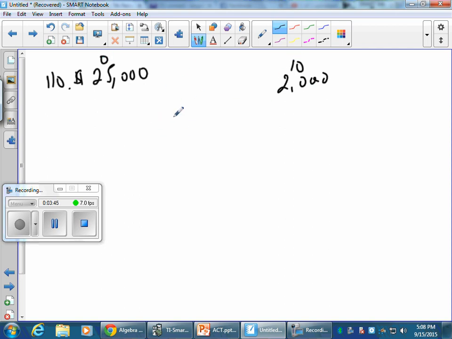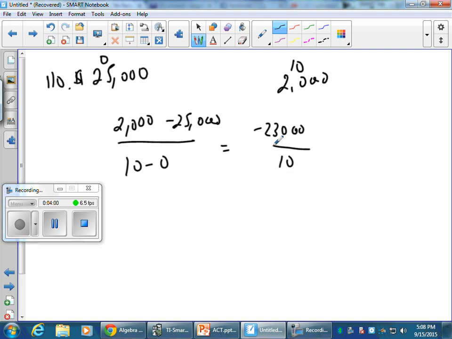So let's do the equation of the line. So 2,000 minus 25,000 over 10 minus 0 gives me negative 23,000 over 10, which is negative 2,300 for my slope. So my points are 0, 25,000, and 10, 2,000.